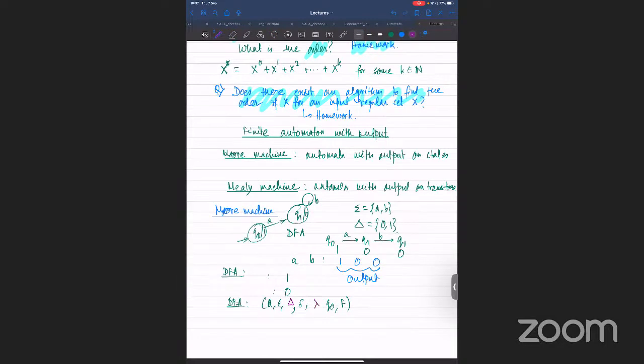This lambda gives a mapping from states to output. Clear enough? So this is the mapping from states to output.